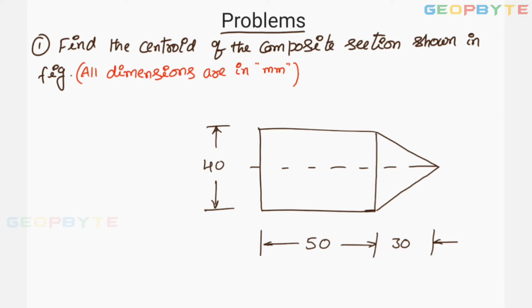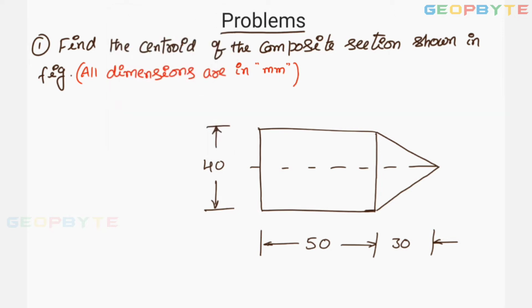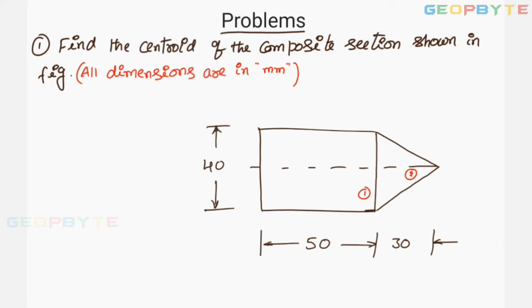Look at the diagram which is given. It consists of two sections. Let this be section 1, and this be section 2. Section 1 and section 2 may be marked like this.